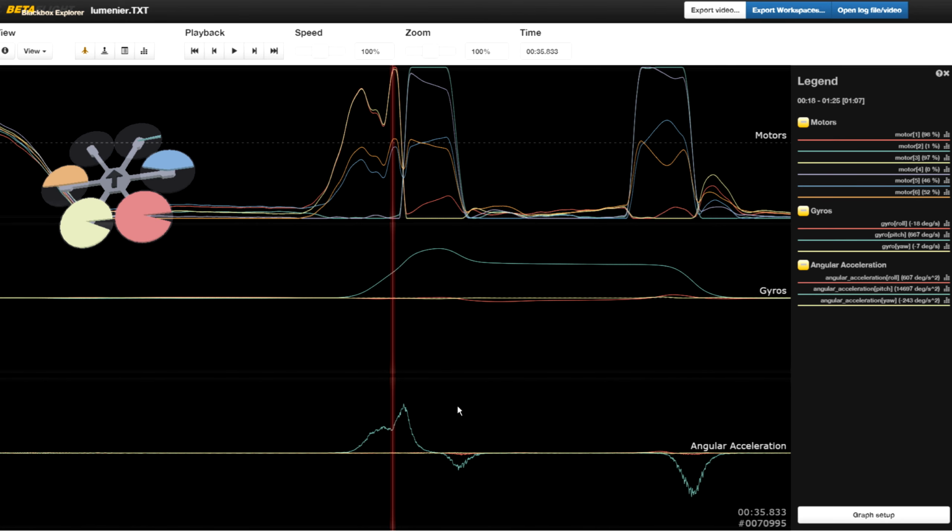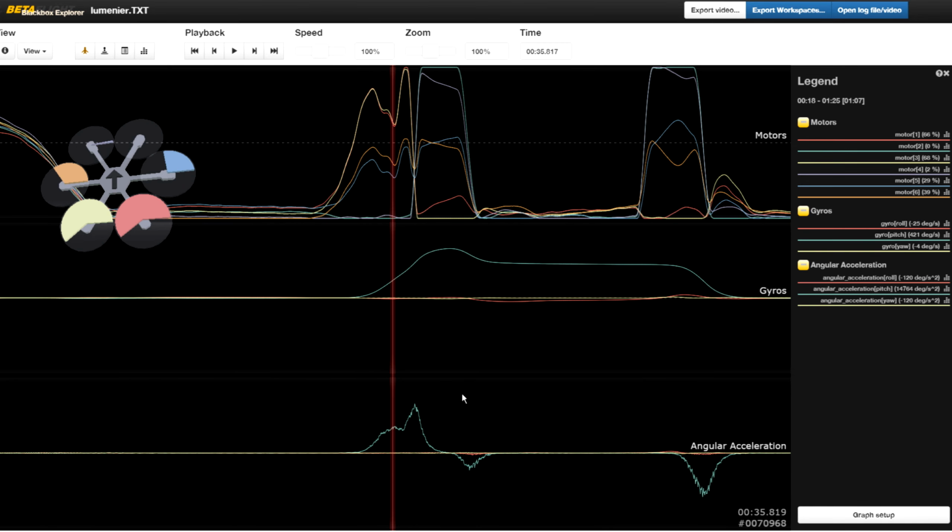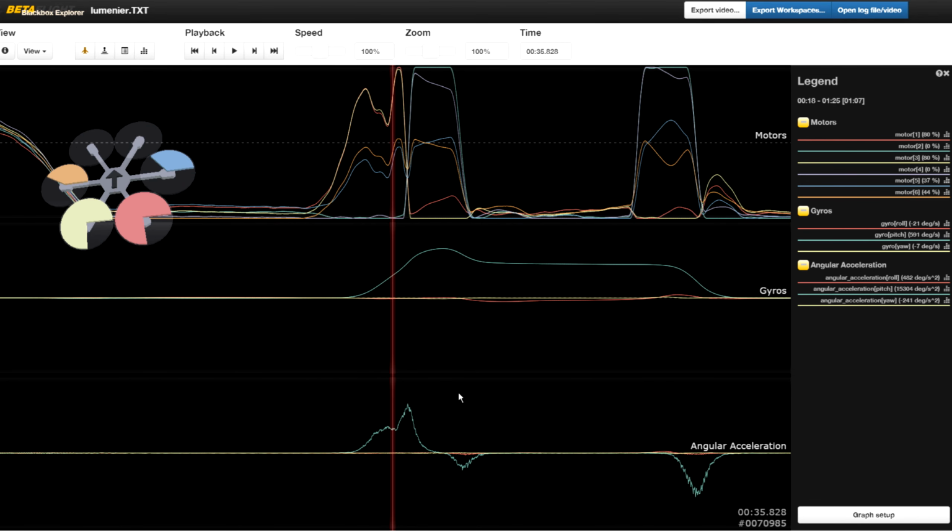So that's definitely something that we'll want to explore a little more thoroughly when we start doing motor response time tests eventually.